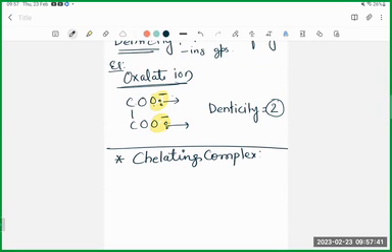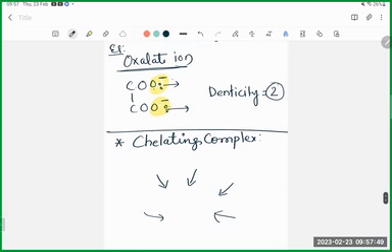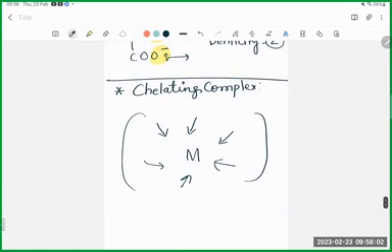They will be ligating in a claw-like structure. In EDTA we have 6 ligating atoms. Basically, they approach from all the sides to the metal atom and cover it. So what is a chelating complex?